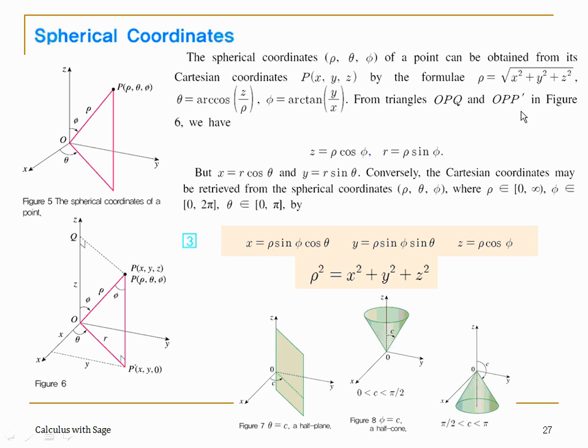From triangles OPQ and OPP prime in figure 6, we have z is equal to rho cosine phi and r is equal to rho sine phi. So conversely, the Cartesian coordinate may be derived from the spherical coordinate by x is equal to rho sine phi cosine theta, and y is like this, then z is equal to rho cosine phi. Which satisfies rho squared is equal to x squared plus y squared plus z squared.